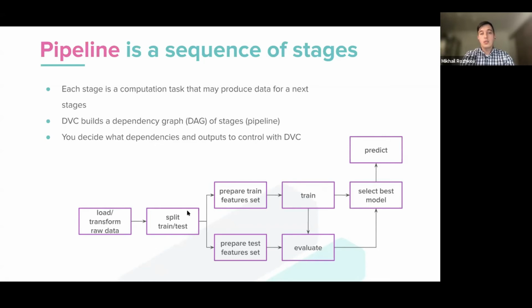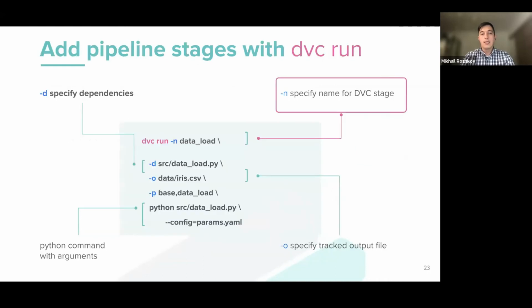And DVC will build the whole pipeline and link different stages using these inputs and outputs. Actually, it looks very similar to the configuration of stages in Kubeflow that Imad showed us in the previous talk.